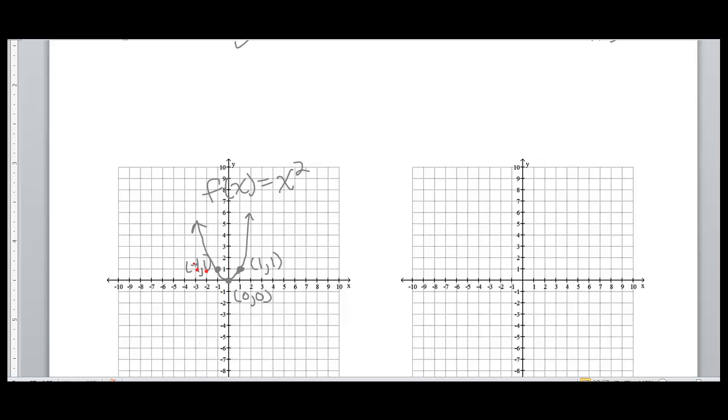So the point (−1, 1) will become the point (−3, 1). If I shift this to the left 2 units, I'm going to have the point (−2, 0). And if I shift this one to the left 2 units, I'm going to have the point (−1, 1).